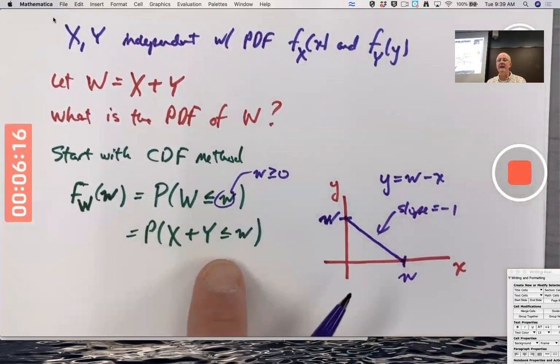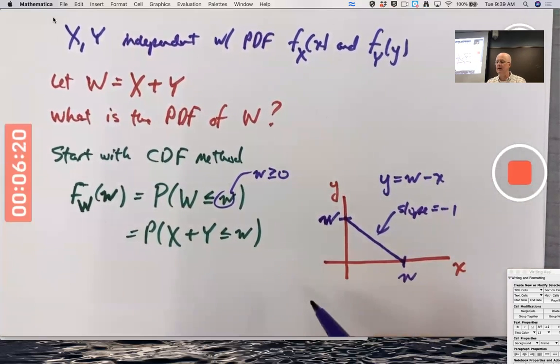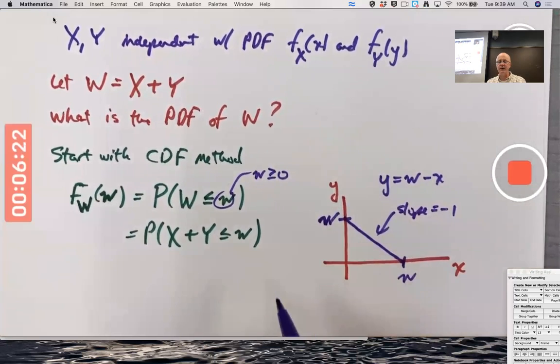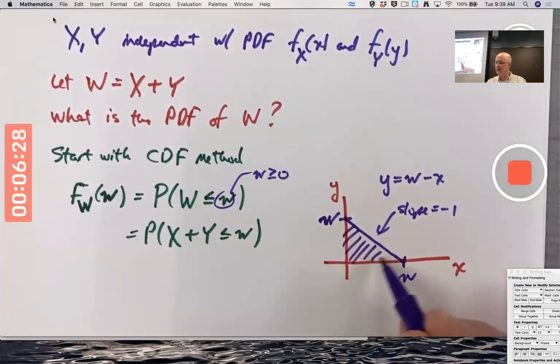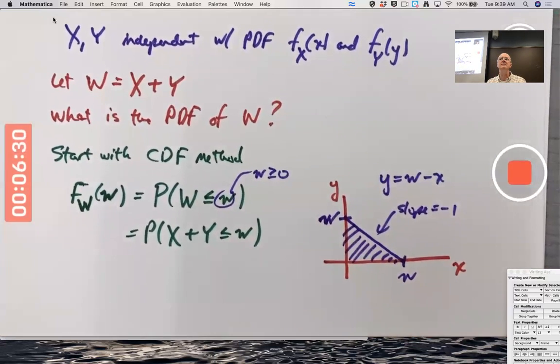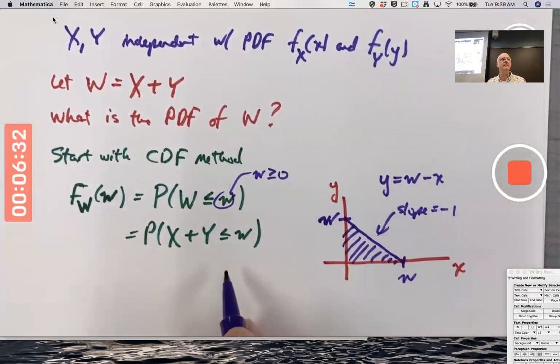For x plus y to be less than or equal to little w means that you are below this line. And we are also in the first quadrant because x and y are non-negative. So we're in this triangle somewhere for this condition to be true.